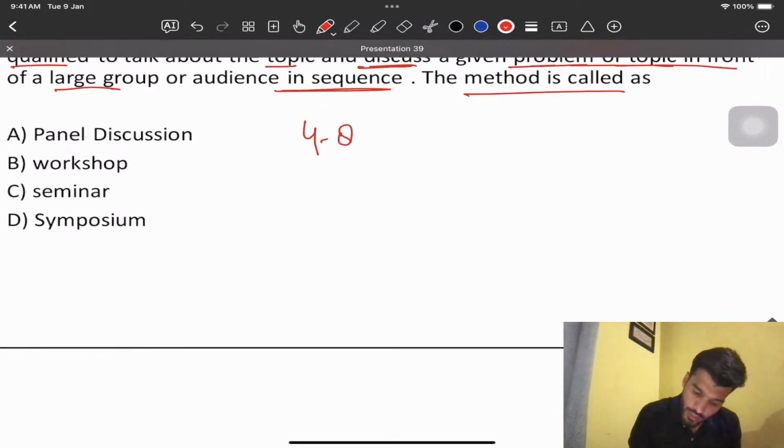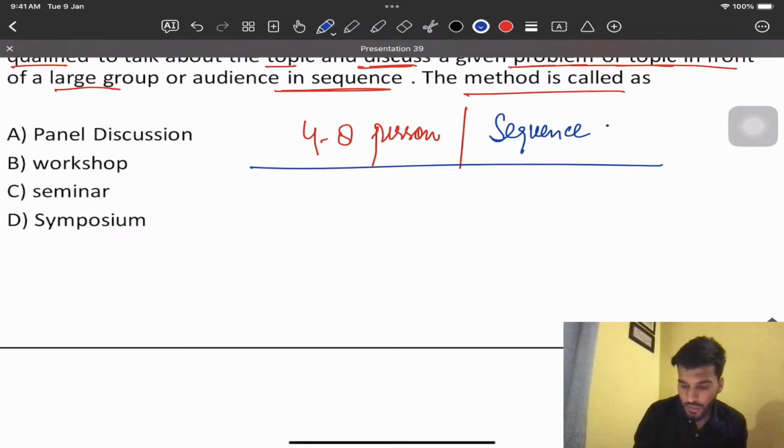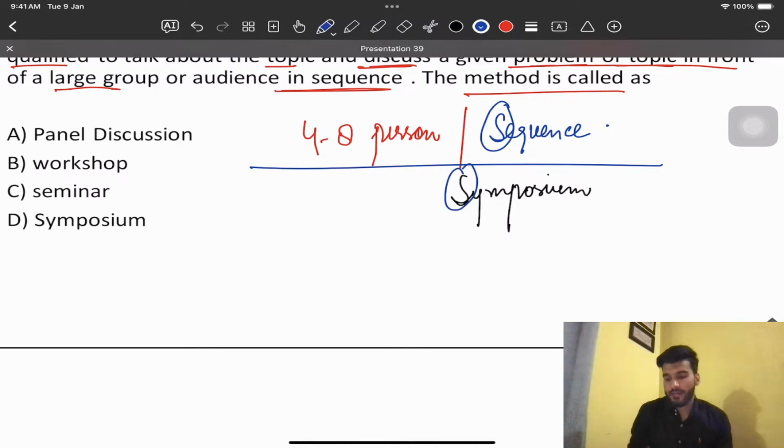If 4 to 8 persons are delivering in sequence, your answer will be symposium. Simply remember, guys, sequence, S for symposium.